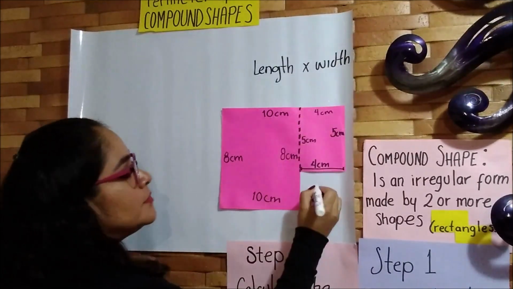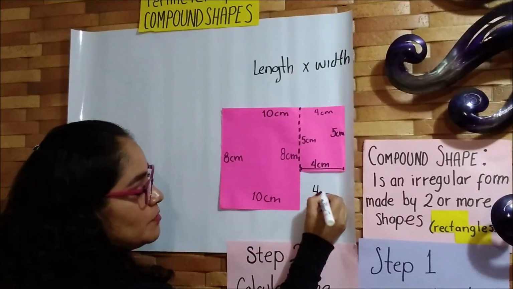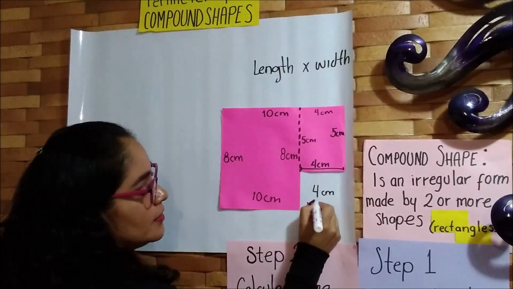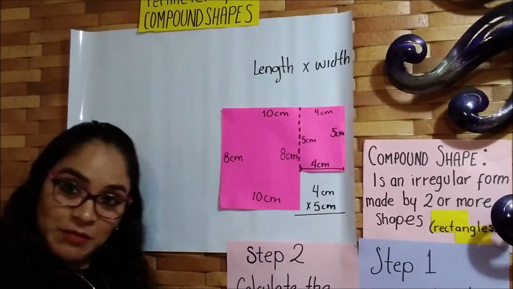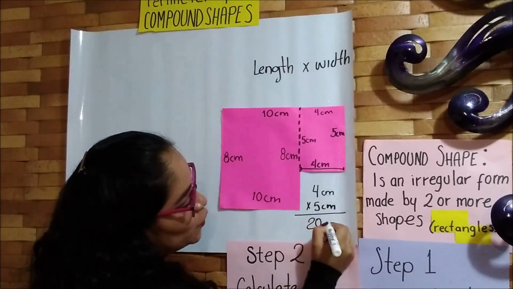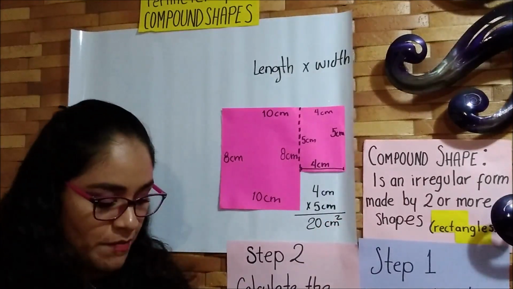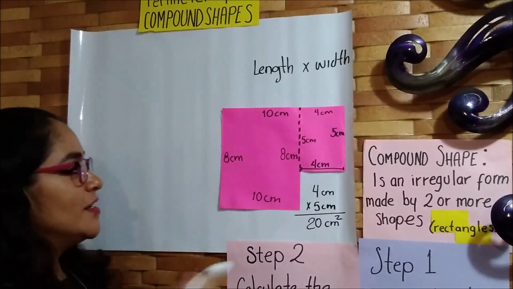Shape 1. The length is 4 centimeters by the width 5 centimeters. 4 times 5 equals 20 centimeters square. Remember, area uses square units.